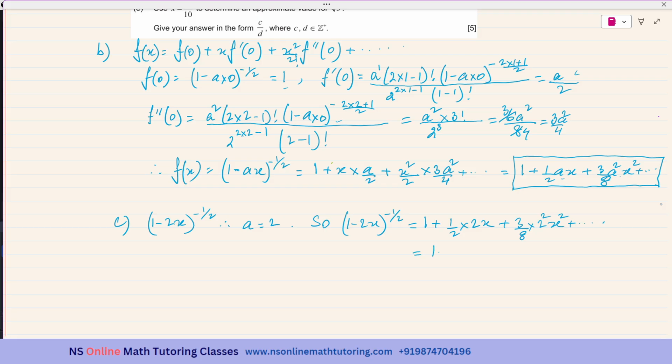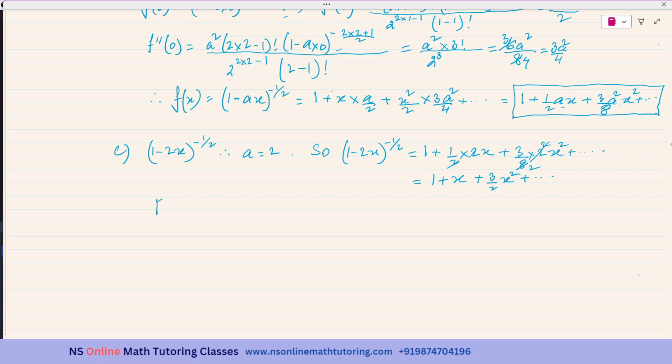So this is equal to 1 plus, these two will be getting cancelled, and you will be having 1 plus x, and 2 square is 4, and this is 8, so this will be plus 3 over 2 x square. And for 1 minus 4x raised to the power of negative half, a is equal to 4. Now I'll be substituting 4 in place of a, and they have asked to use the subpart B's expression.